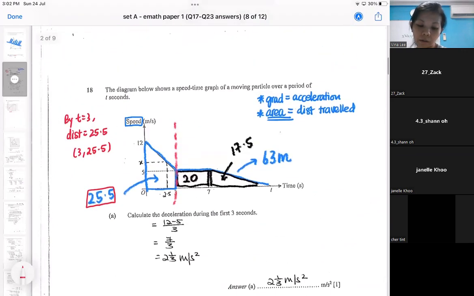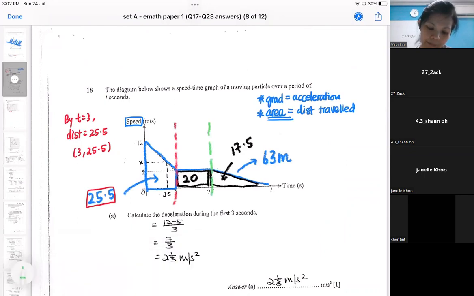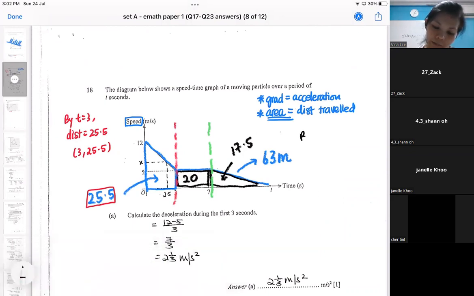So can you see I've gotten one coordinate? I'm going to get another coordinate here. This part. By 7 seconds, I will have traveled everything here. The distance will be 25.5 plus 20.